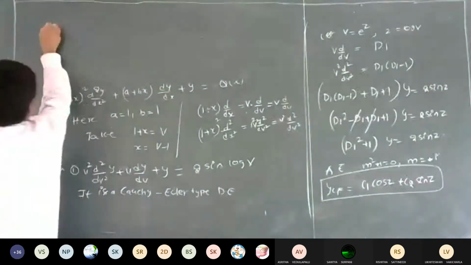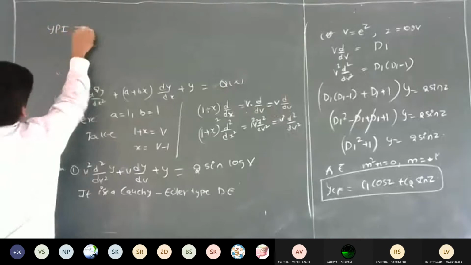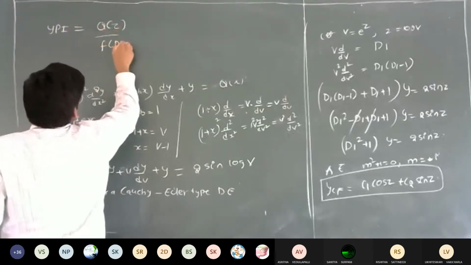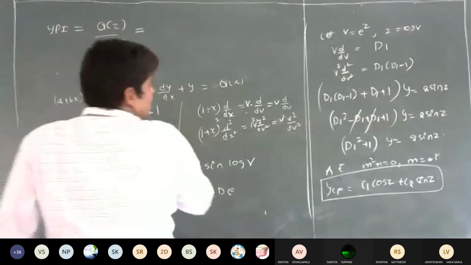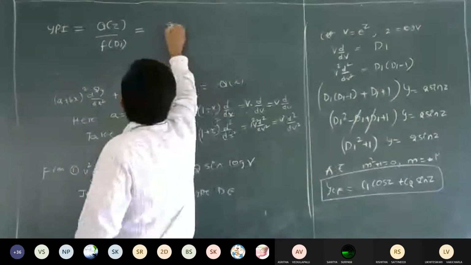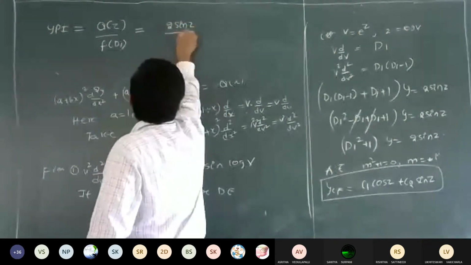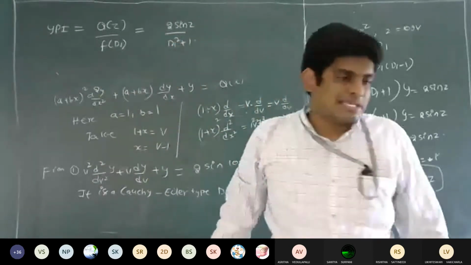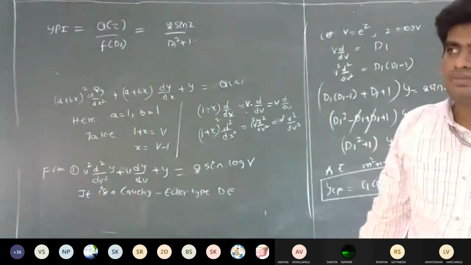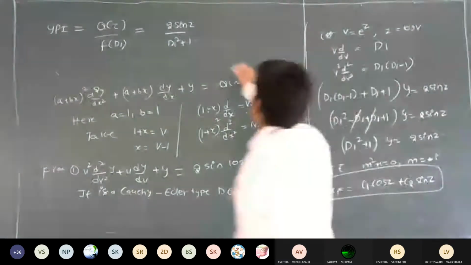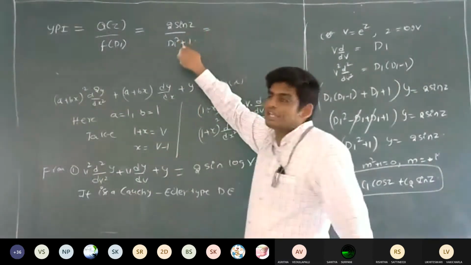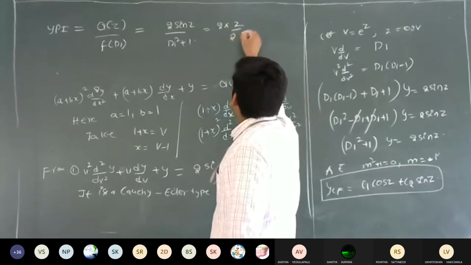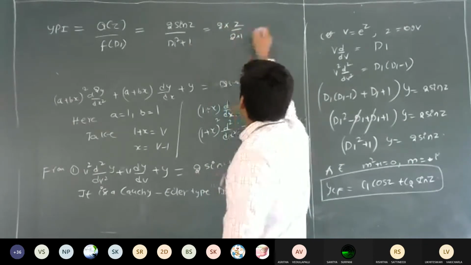Therefore, YPI is equal to Q of z by F of D1, that is nothing but 2 into sin z by (D1 square plus 1). So you check whether it is a regular case or failure case. Failure case. Yes, failure case. And already we have the direct formula.